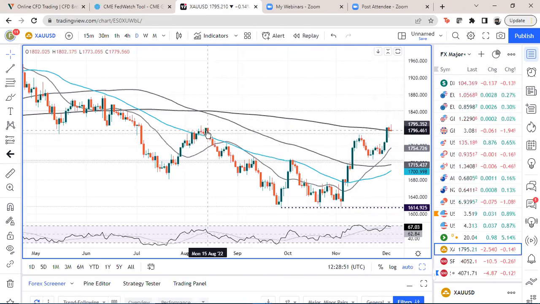And you've got these support levels around the August highs as well, around this 1800 mark. So critical level. US 10-year real yields, so those are the ones accounting for inflation, have fallen to a 2-month low recently after hitting 1.82% in October. I think they're now down around 1.14%.